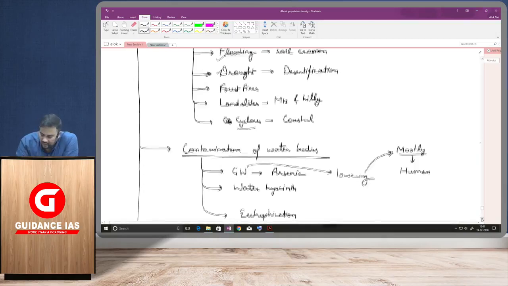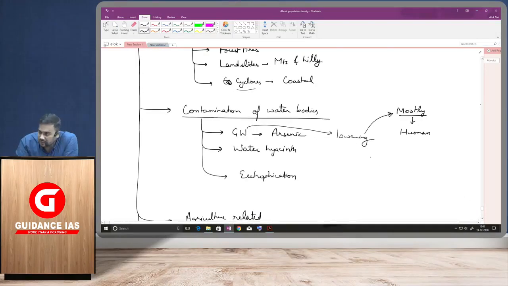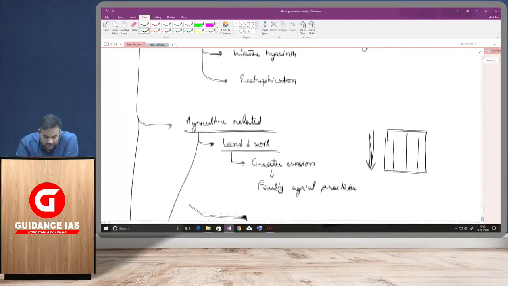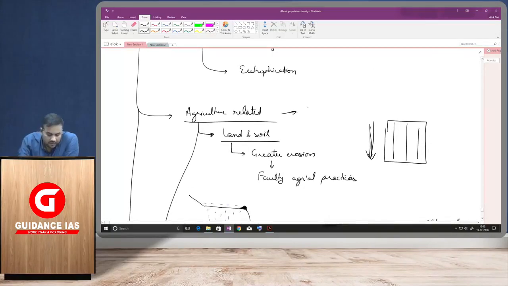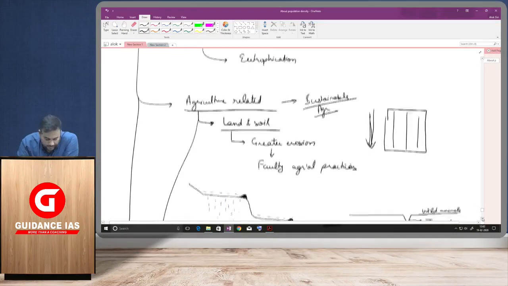Similarly, water related issues में प्रधान मंत्री कृषि सिंचाई योजना is the solution for the water related issues. If you talk about agriculture, it is sustainable agriculture, इसके बारे में हमने बात किया, practices which are going to be the key.